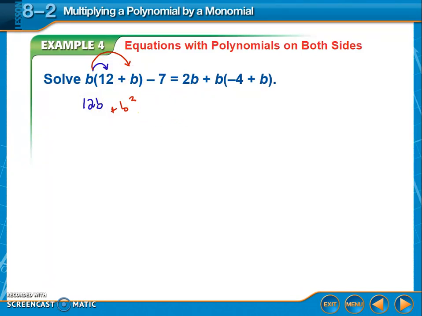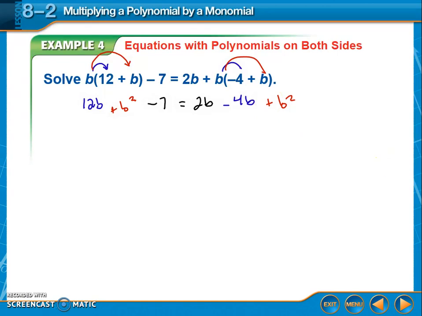And then I still have that minus 7. And then it's equals 2b. The next part, I take b times negative 4, and I get negative 4b. And then I do b times b, and I get plus b squared.